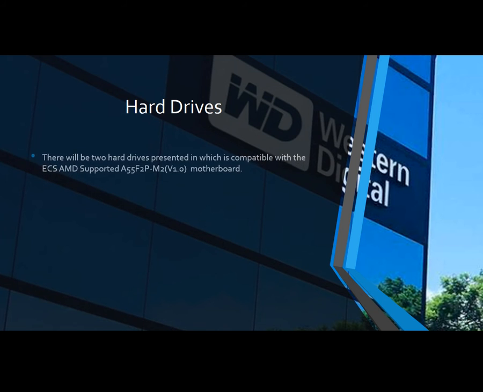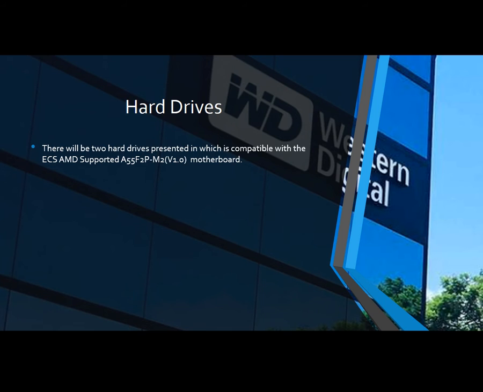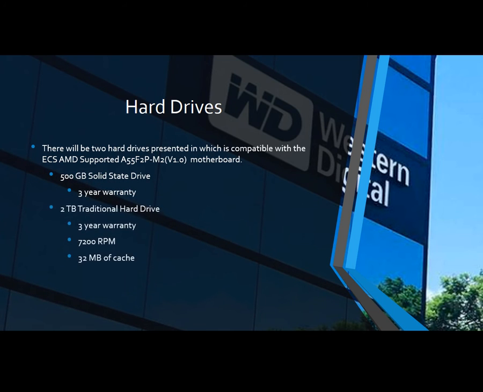Hard drives. There will be 2 hard drives presented which are compatible with the following motherboard. We have first a 500 gigabyte SSD, and it's supposed to have a 3-year warranty. Then the 2 terabyte traditional hard drive with a 3-year warranty, 7,200 RPMs, and 32 megabytes of cache minimum.